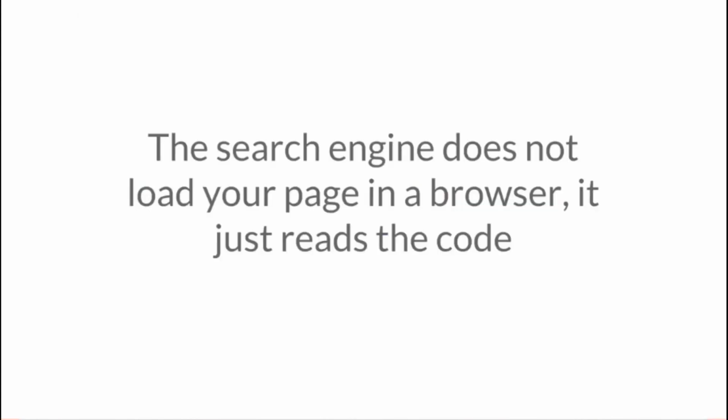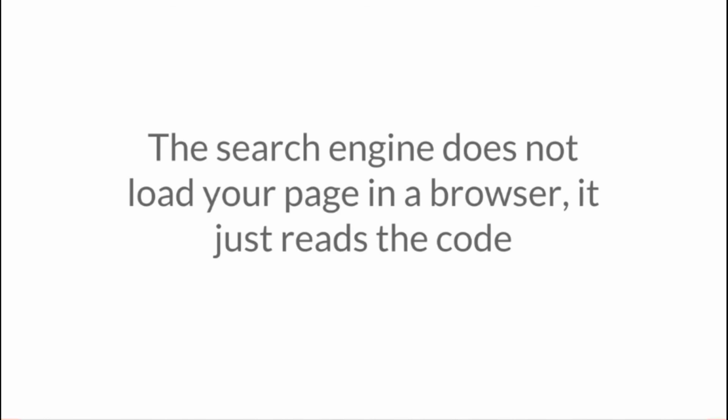So the important thing to think about with these three options is that when a search engine crawls your page, it does not render it in a browser, at least not on mobile, or with mobile this might be different. However, often with desktop, it is not rendering it in a browser. It's just reading the code.